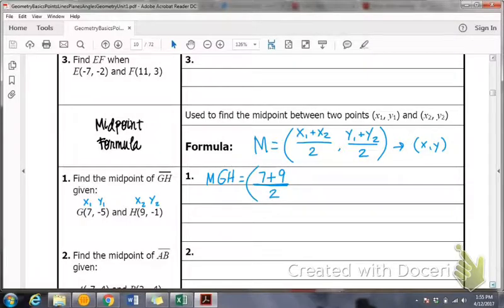Remember, we're creating an ordered pair. And then I have, for my Y values, negative 5 plus negative 1. So midpoint formula is addition. Distance formula is subtraction. Divided by 2. Anyone not see where these numbers came from? Questions on that?